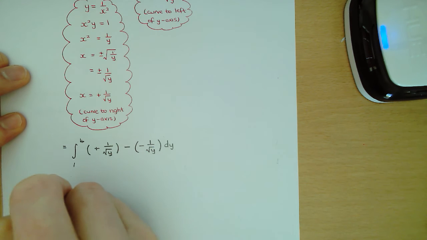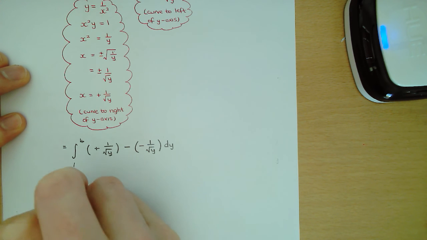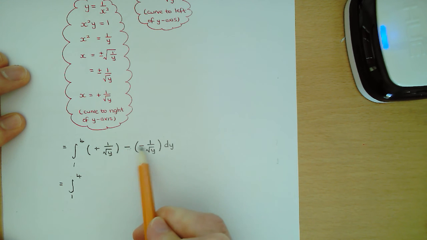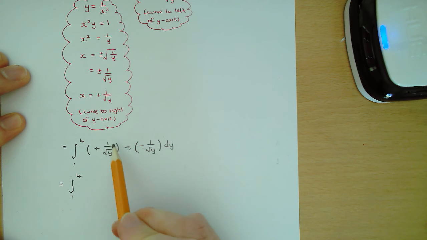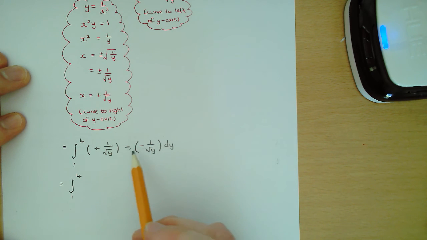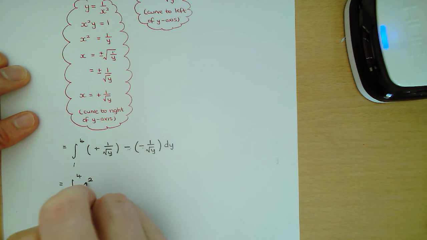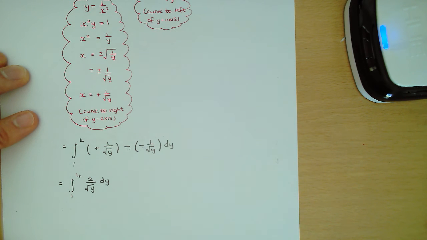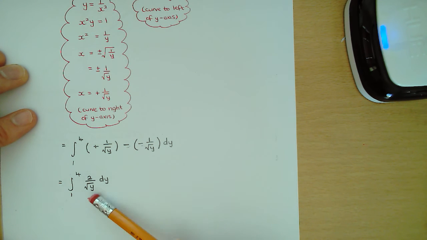Okay, let's tidy up. Again, we're multiplying a minus by a minus, which will become a plus. So we've got positive 1 over root y plus another 1 over root y. We're going to have two 1 over root y's, so that's going to be just 2 over root y. Okay, now, two issues. We can't integrate until we get rid of the roots, and we also need to get y to the top line.